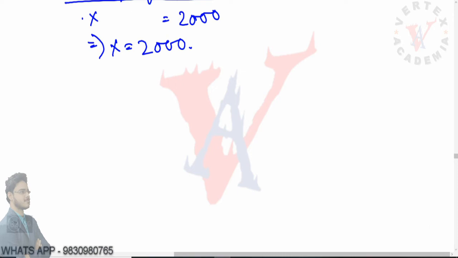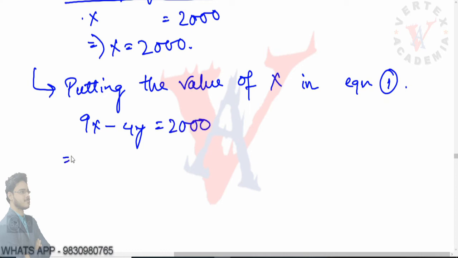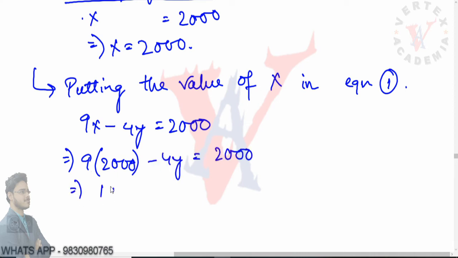Putting the value of x in equation 1, 9x minus 4y equals 2000. So x is 2000, so 9 times 2000 minus 4y equals 2000. So 9 times 2000 is 18,000, minus 4y equals 2000.